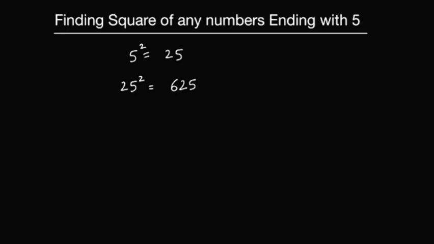It's my suggestion, please try to find the concept behind anything you do. Now let's come to the topic. We were discussing how we will get the answer if we square any number ending with 5. We have taken 25, done its square, and got 625 as our result.